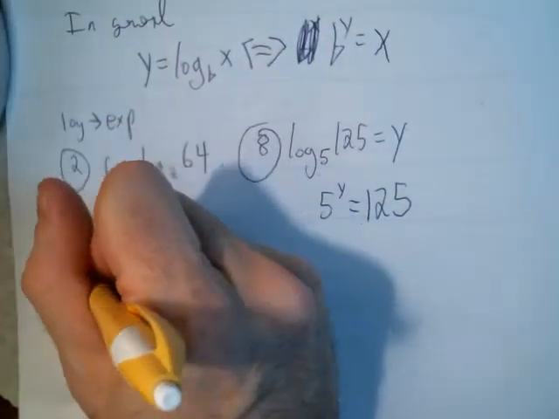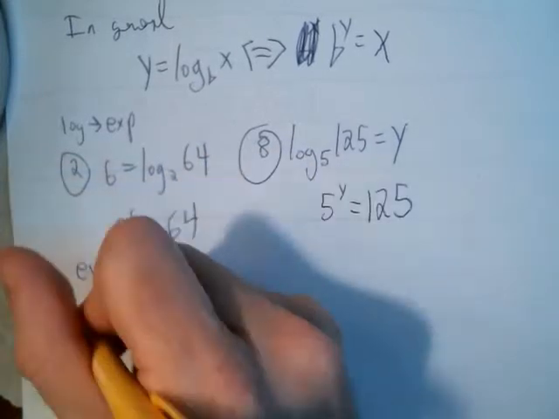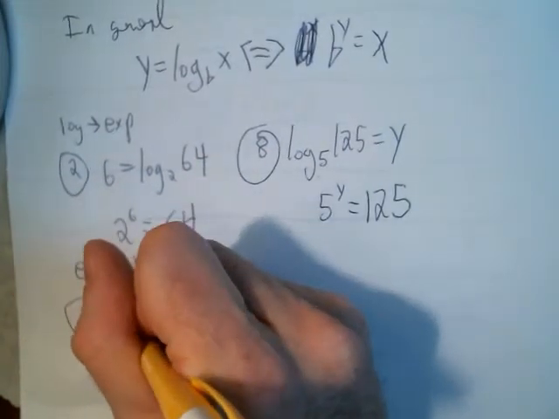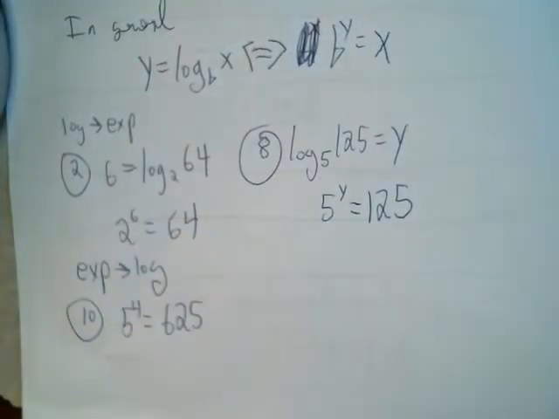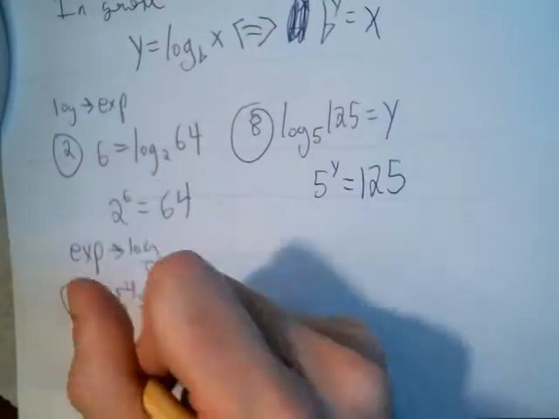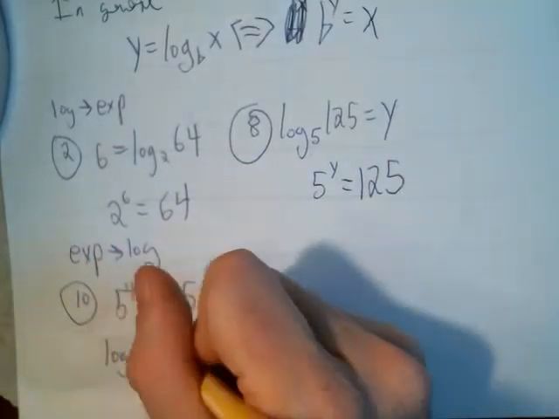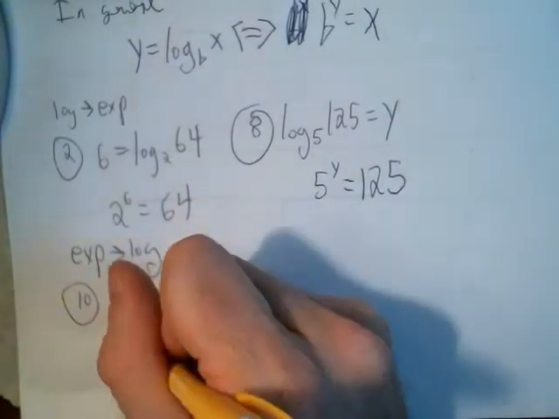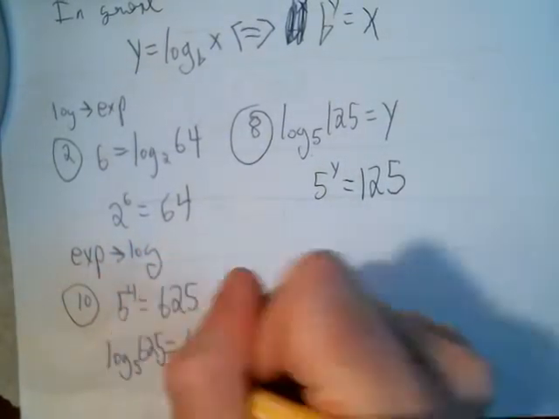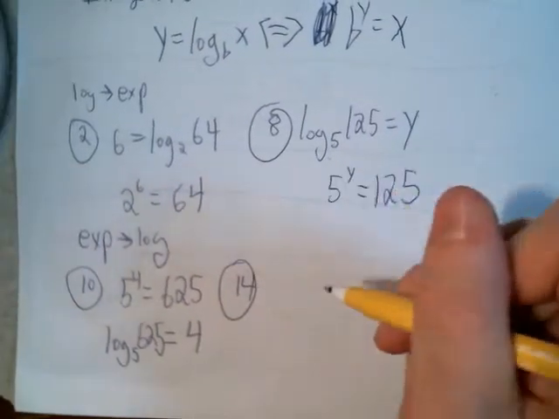Okay, let's practice converting in the other direction, exponential to logarithm. So problem 10, we have 5 to the 4th equals 625. Okay, so I go log, and the base 5, 5 to the 4 power equals 625. Let's try another one, 14.